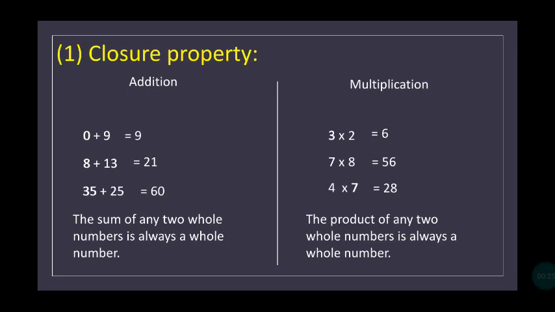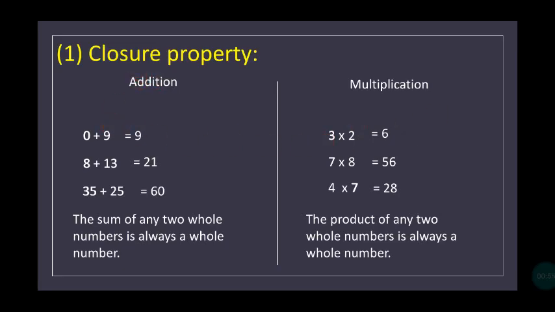Again for division it is not true, because for example let's take 3 and 8. 3 divided by 8 is not possible for whole numbers. So again for division it is not satisfied. So for closure property, addition and multiplication only satisfy this property, right?